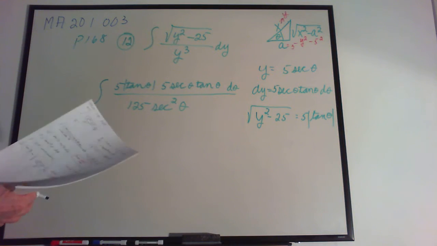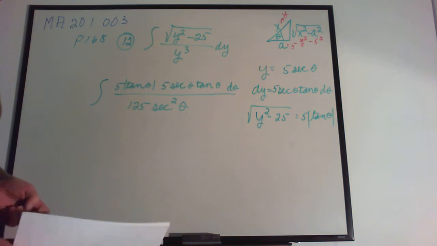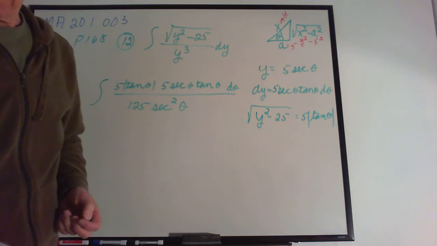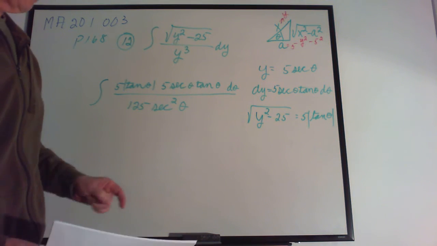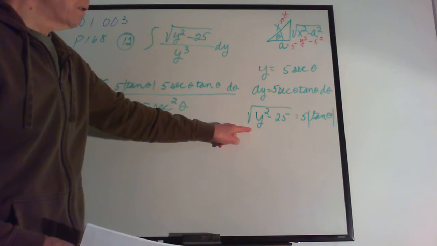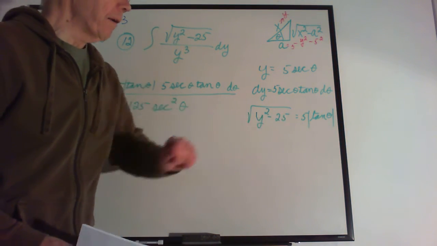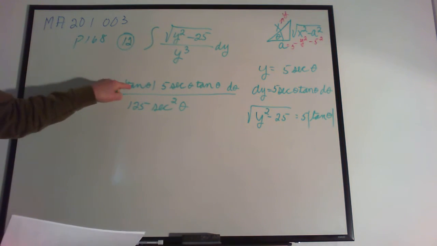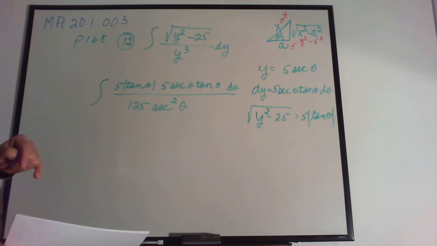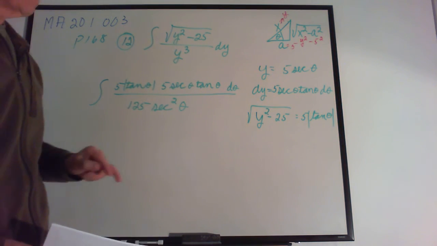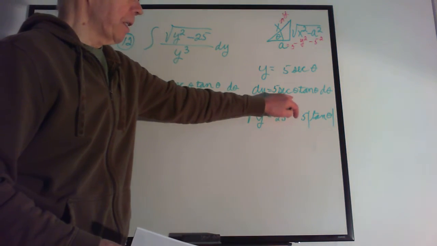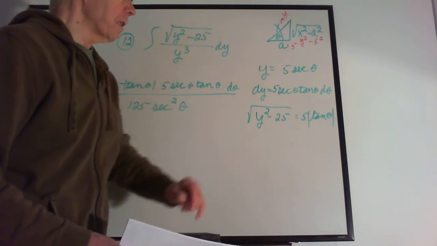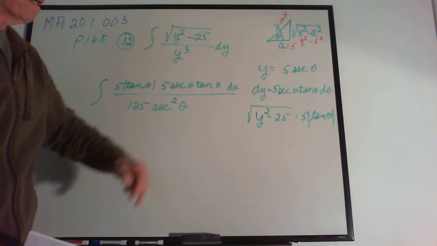All right, so according to the information on page 164, the square root of y squared minus 25 is equal to 5 times the absolute value of tangent theta. So you plug that in for the square root of y squared minus 25. dy is equal to 5 secant theta tangent theta d theta, so you put that in for dy.